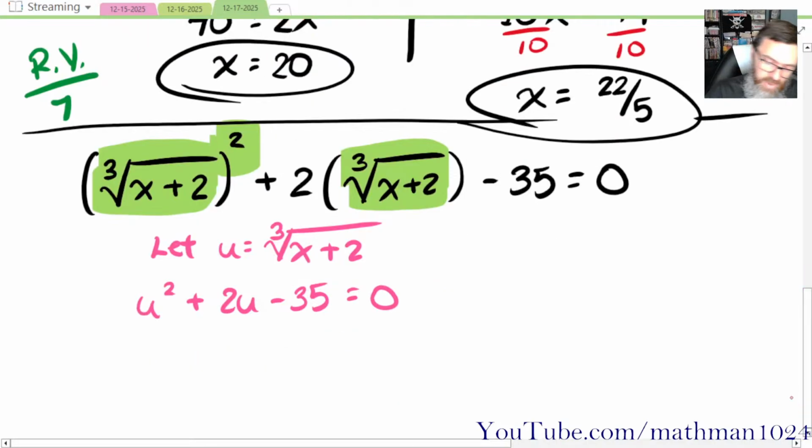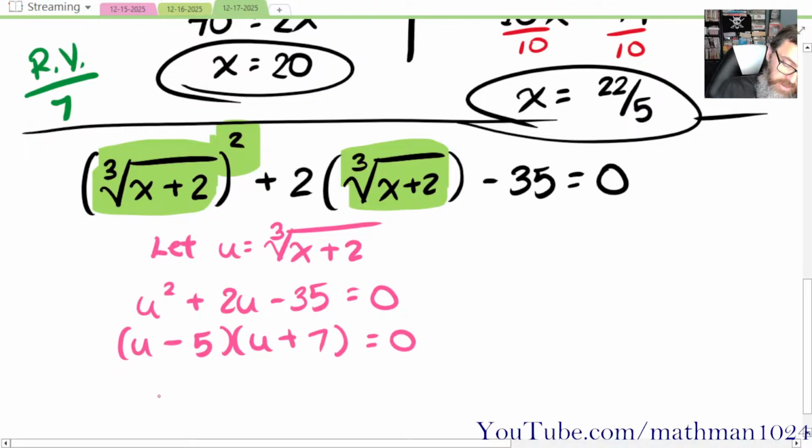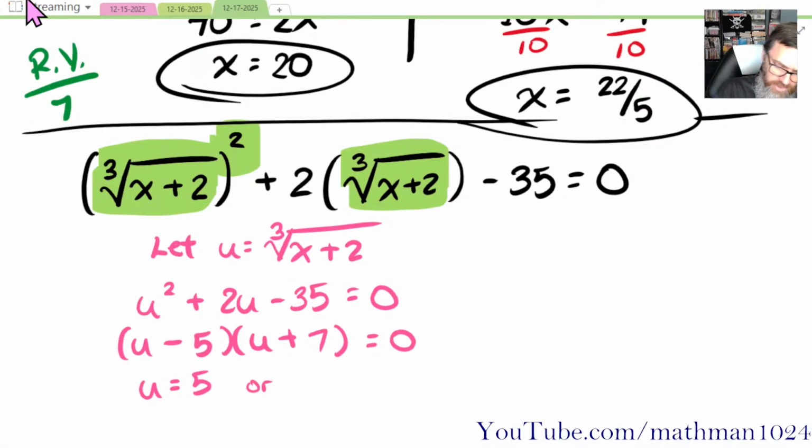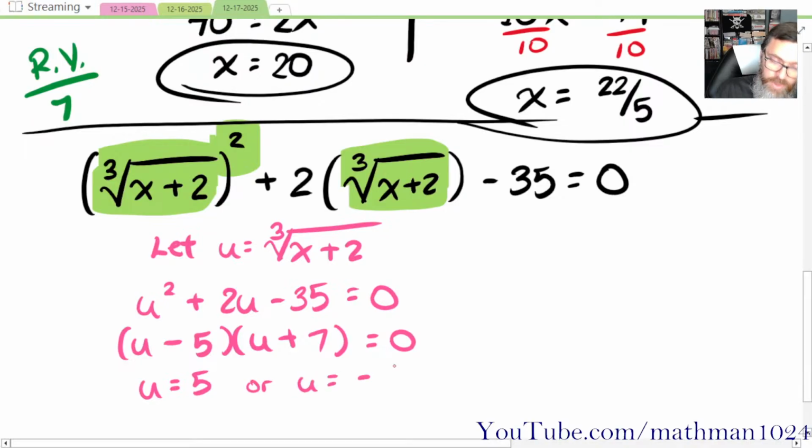So, while I'm here, let me just go ahead and do this. So u minus 5 times u plus 7, the same factorization we had above. U equals 5, or u equals negative 7.